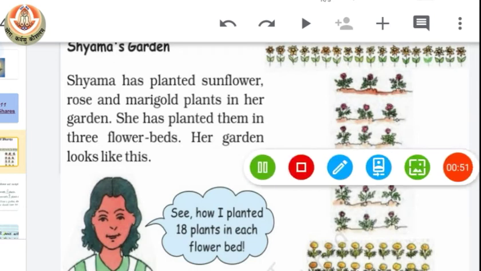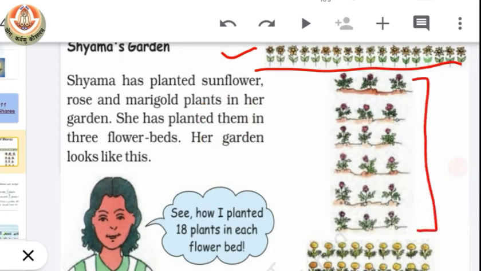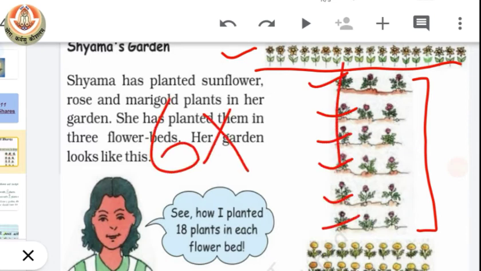So you can see here in the first flower bed there is only one row. That means there are a total of 18 flowers in a single row. Whereas for the rose garden she has planted them in 1, 2, 3, 4, 5, 6 rows, and in each row there are 1, 2 and 3 roses.